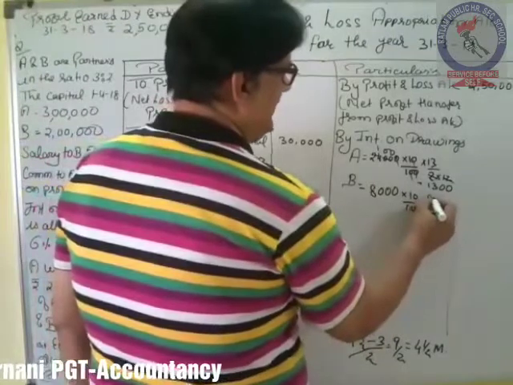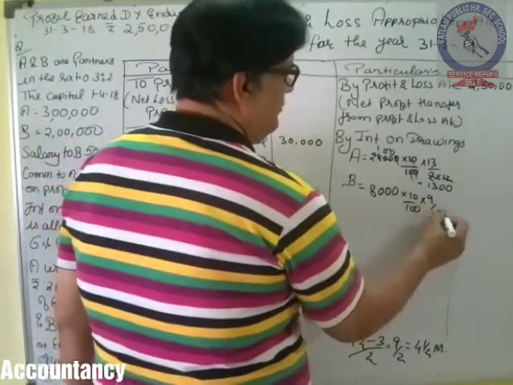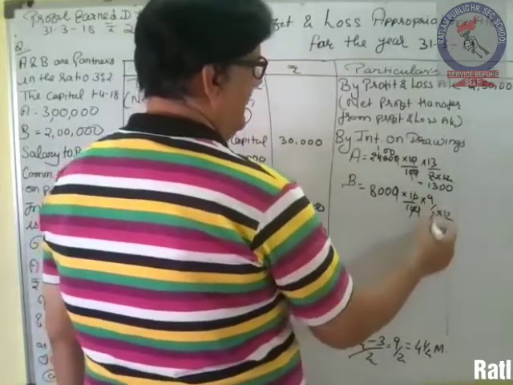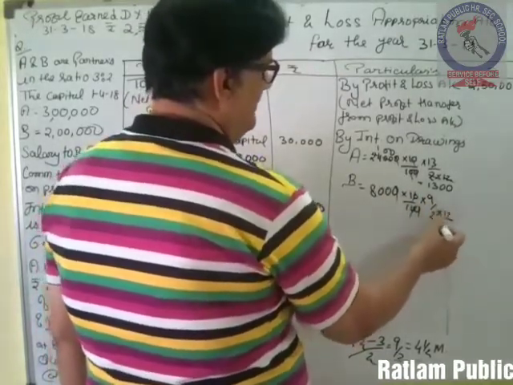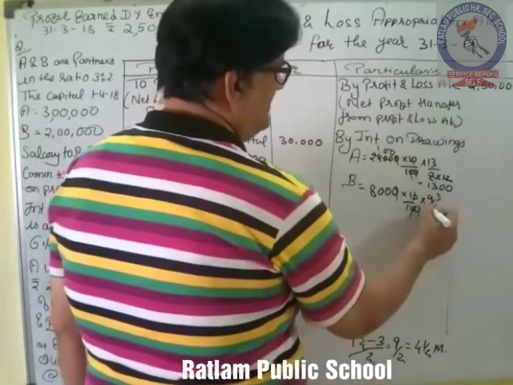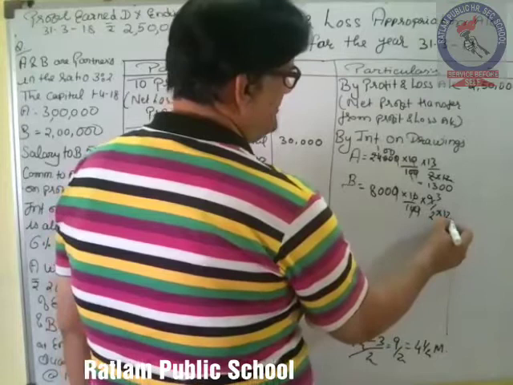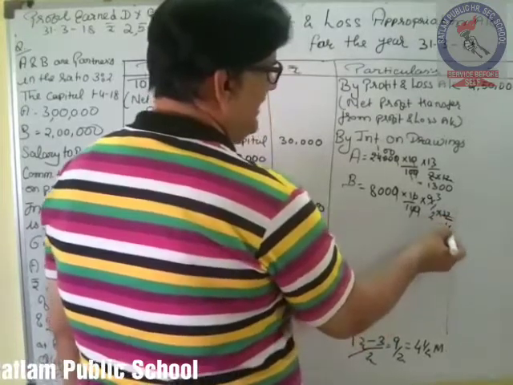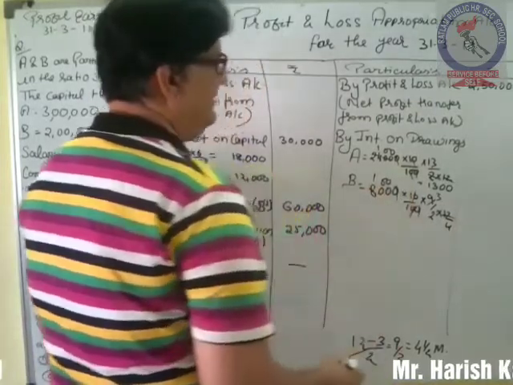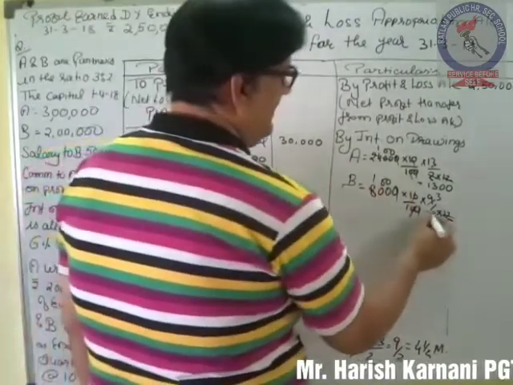Simplifying the mixed fraction, 9 by 2 into 12, cancel the zeros, then 24. 3 3s are 9, 3 4s are 12, 2 4s are 8, and 800.